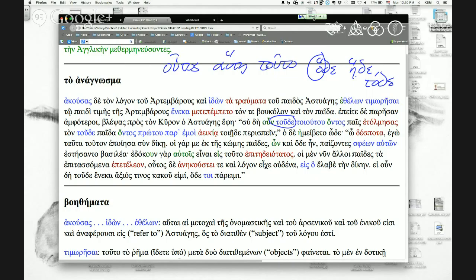No, that's his brother. Mithridates, right? You, a child of this guy right here, actually dared this guy right here, being toioutou. Being, what's that?